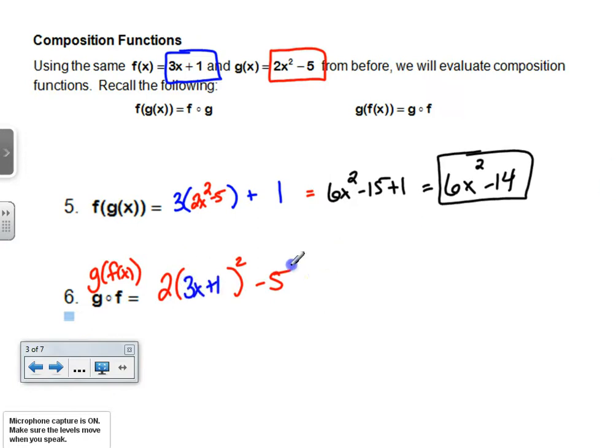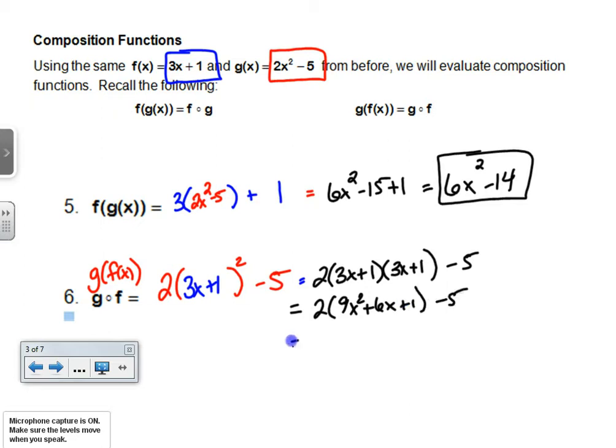Now this one is far more complicated. The 2 coefficient is going to stay, but when I square a 3x plus 1 times a 3x plus 1, it's really a FOIL problem. So I'm going to keep the 2 in front and FOIL that out, so we get 9x squared, 3x and 3x is plus 6x plus 1, still minus 5, and then, almost done.